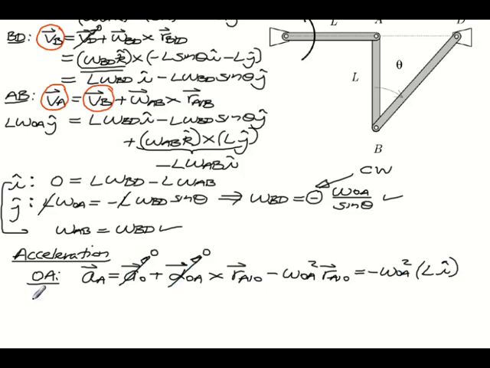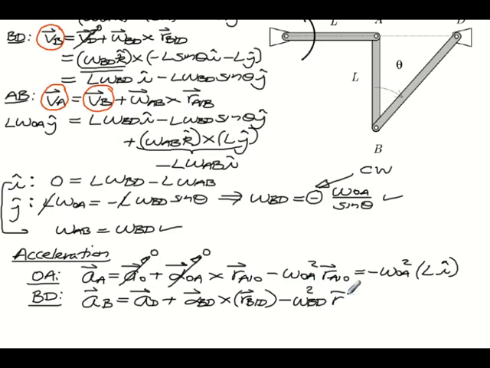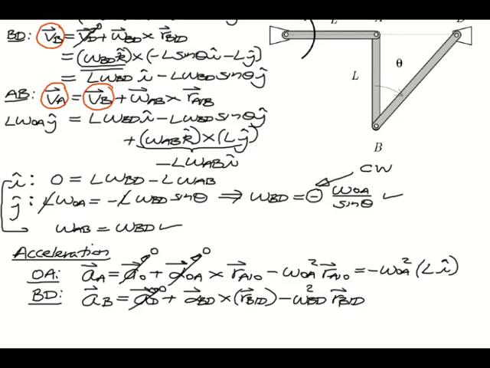For link BD, I'm going to write acceleration of B is equal to acceleration of the pin D plus the angular acceleration of link BD cross with the vector which goes from D to B minus omega BD, we've found that above, squared R_B with respect to D. D is a pin to ground, so the acceleration of D is a 0.